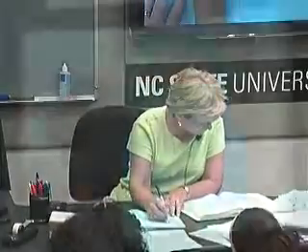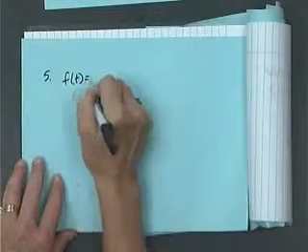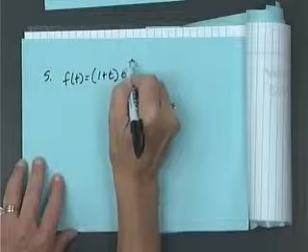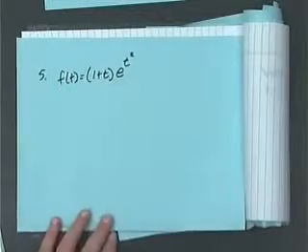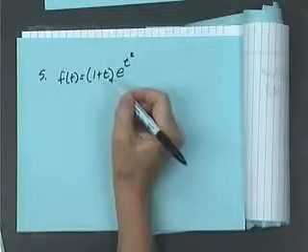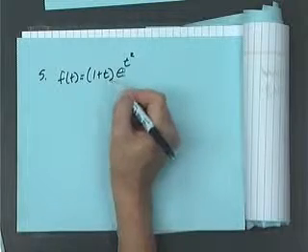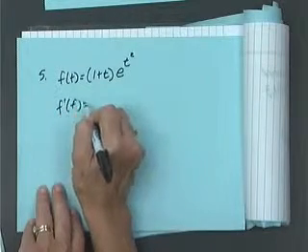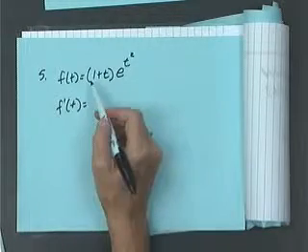We'll do it in blue. Okay, number 5. f of t equals 1 plus t times e to the t squared. All right, so when you hear yourself say the problem, if you hear times in there, you know you're going with the product rule. Product rule, what's that, everybody?